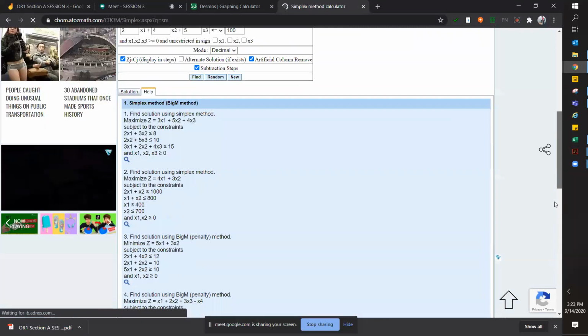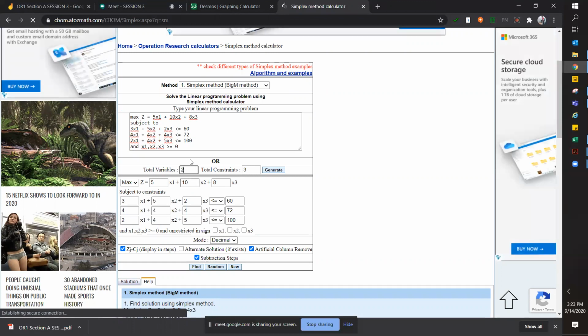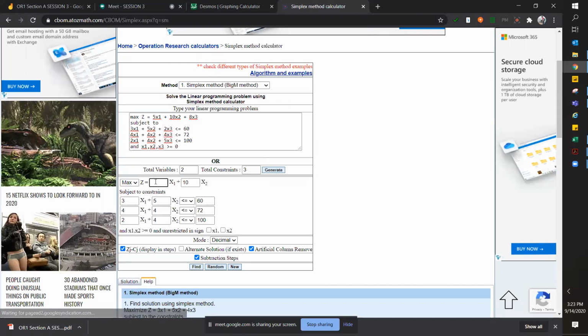I-input mo lang naman dito. So for example, I need two variables kasi x1, x2. Ilan yung constraints natin? 3. So I can generate it like this one. Your objective is maximize.